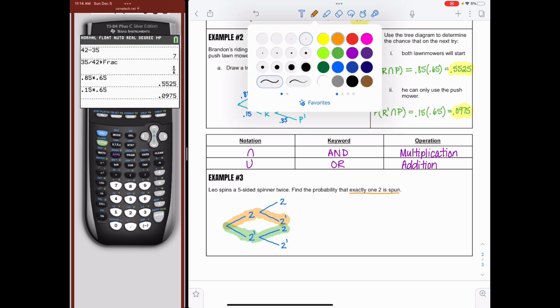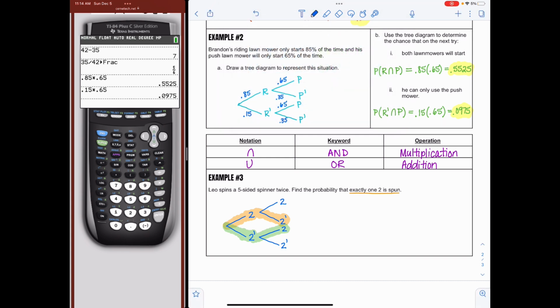So if I were to write this, I would be able to write it in the form of the probability of spinning a 2 and then not spinning a 2, or the probability of not spinning a 2 and the probability of spinning a 2. So I have 2 different combinations.